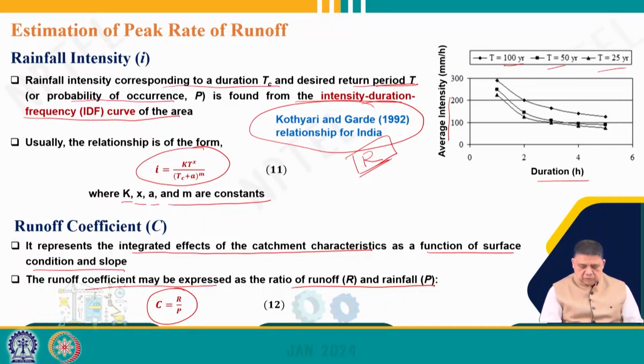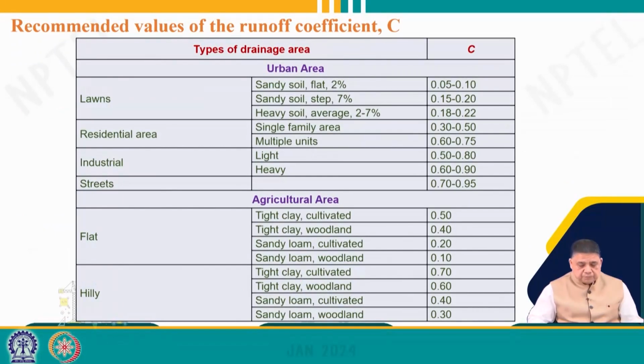There are standard tables from which we can determine the value of C. So, Tc we have discussed, I we can determine, C we can determine, and thus we can use the values.